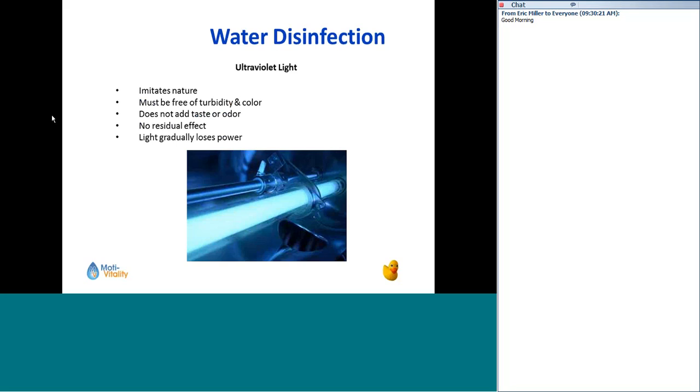The light does gradually lose power, so a lot of them will have an alarm that tells you when it's losing power, but just because it's lit up doesn't mean that it's working. The light's got to have enough UV rays to penetrate and disinfect. And if you have any turbidity or any color in the water, that light's not going to penetrate, and it's not going to kill all the bacteria.